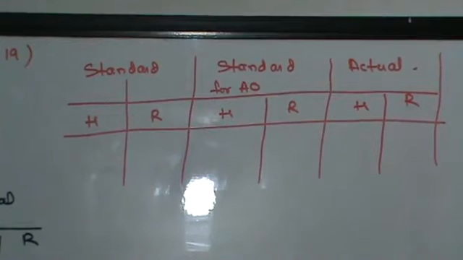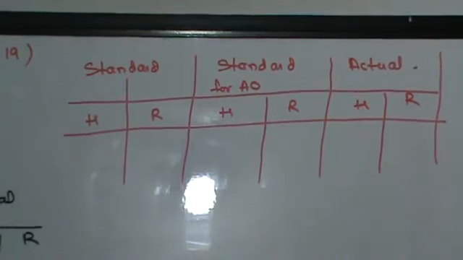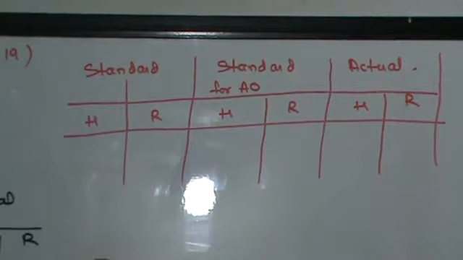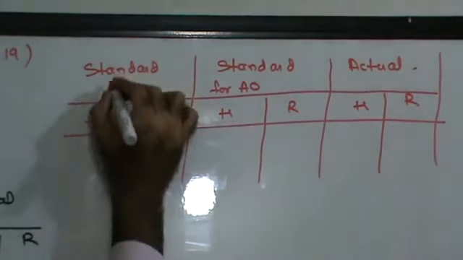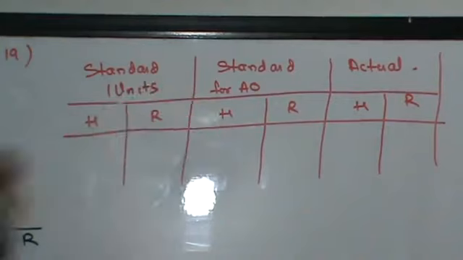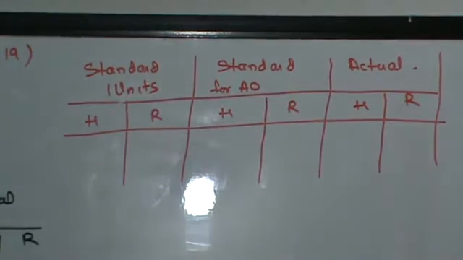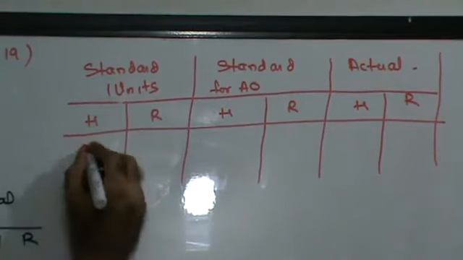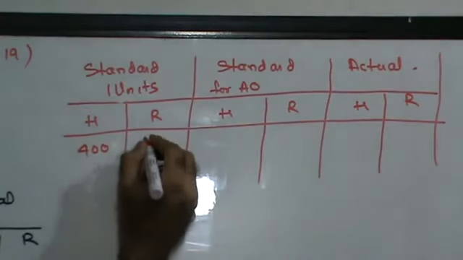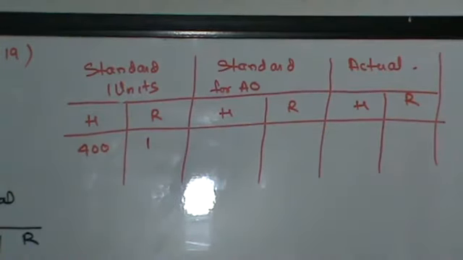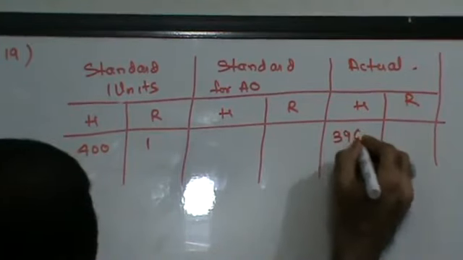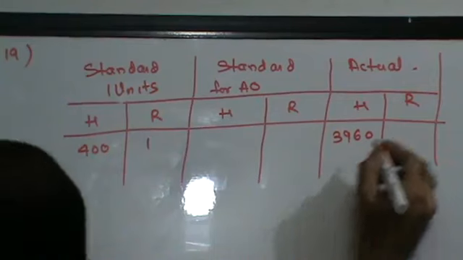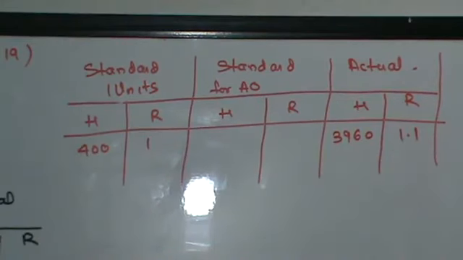Now, standard cost per unit for labor is given to you. That means this is for 1 unit. Guys, make sure that you read the question carefully. Standard cost per unit. That means this is the cost for 1 unit. Labor is 400 hours and the labor rate is given to you as 1 rupee per hour. Right? Actual cost is given to you as 3,960 hours at the rate of 1.1 rupee.